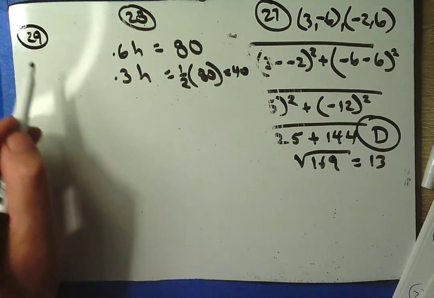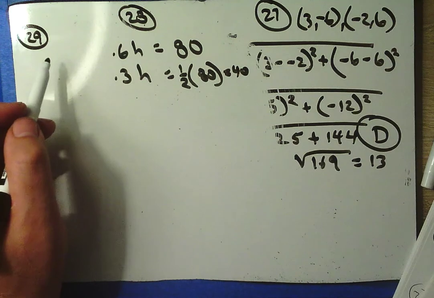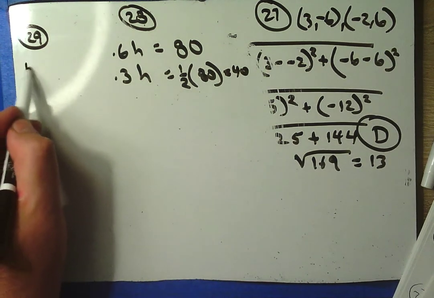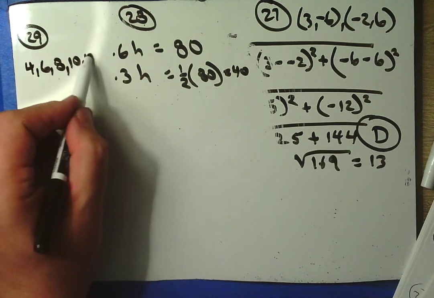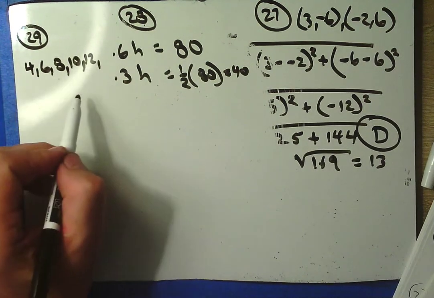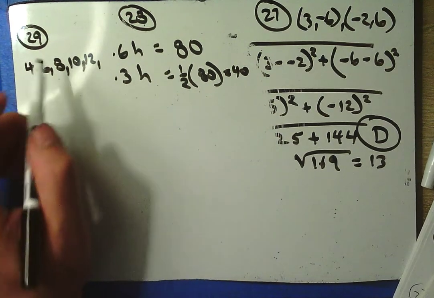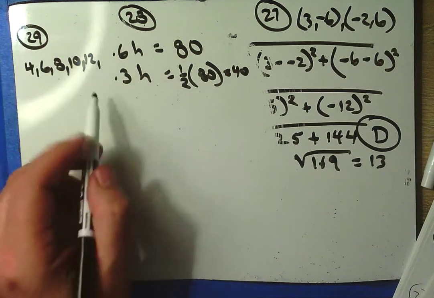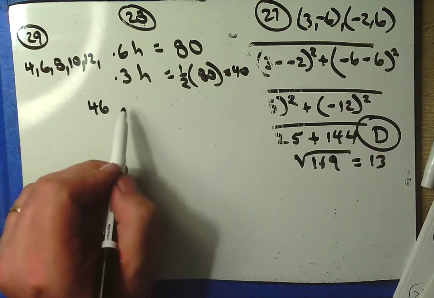29. 29 says set A contains 7 consecutive even integers. Alright, let's think about consecutive even integers. 4, 6, 8, 10, 12, and that's only 5 of them, okay? If the average of the set is 46, which of the following is the smallest? Okay, so 46, and we have 7 consecutive even integers.